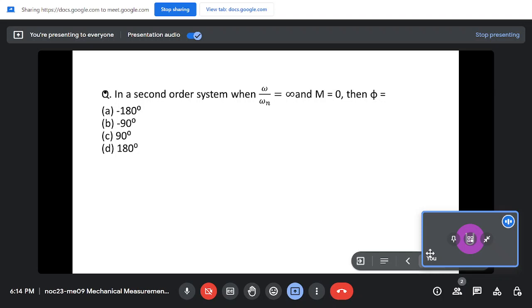So we have a second order system where the frequency is very large, equal to infinity, and the amplification ratio is 0. So there is no output amplitude for that input. Then what will the phase angle be?